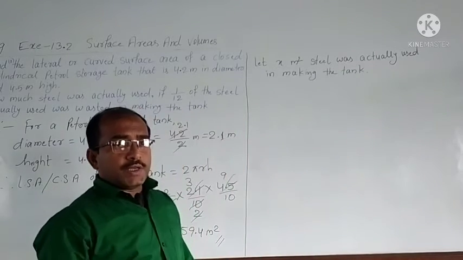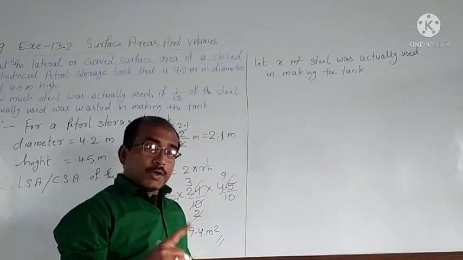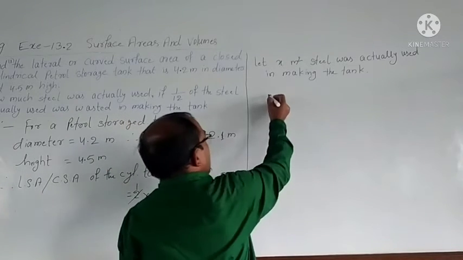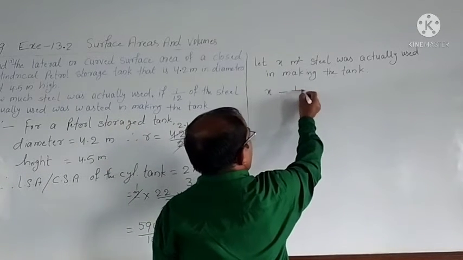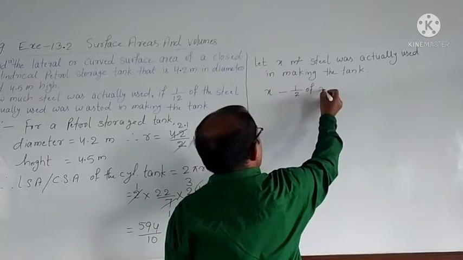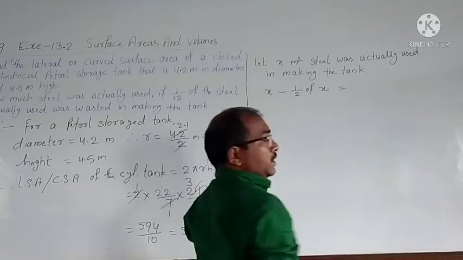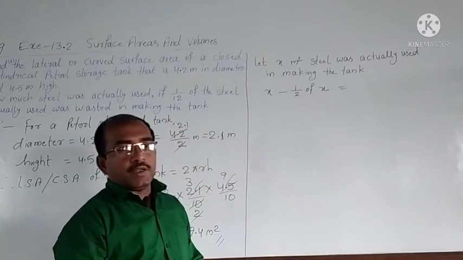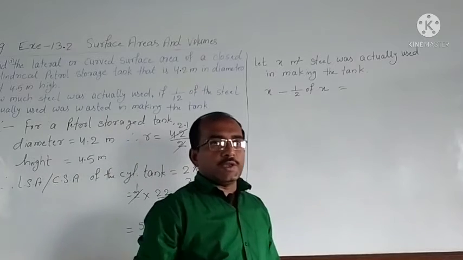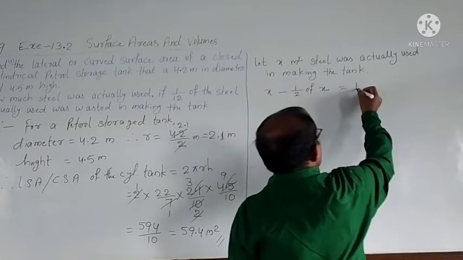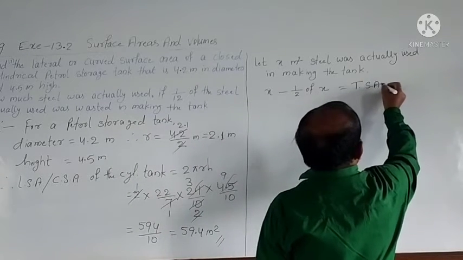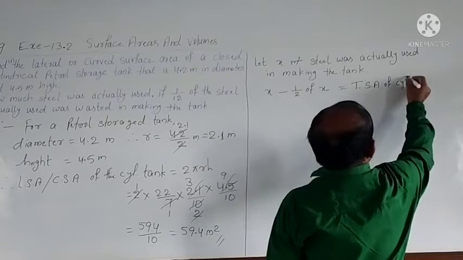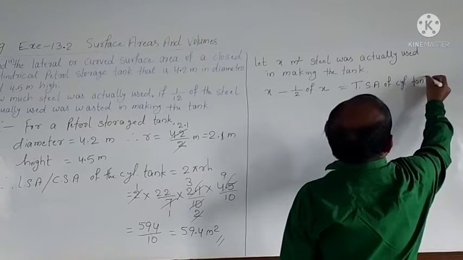And how much is wasted? 1 by 12 of that. So x minus 1 by 12 of x. How much steel is still there in the tank? That is the total surface area of the tank. So that is equal to the total surface area of the cylindrical tank.